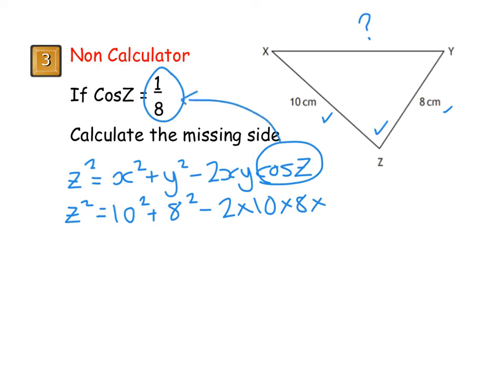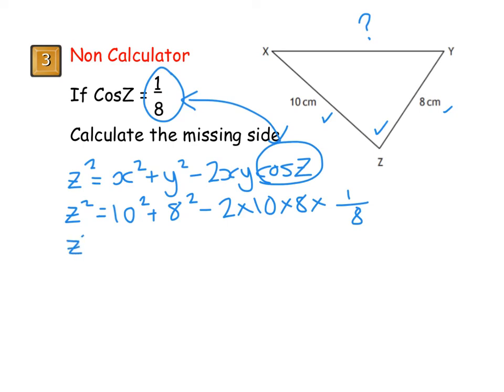So these two things are equal, and here we can just replace the whole cos z bit with 1/8. Do not write cos 1/8. That's not accurate, you can't do that. We don't have a calculator, so there should be no words left in here. If you do put in cos 1/8 and then just follow on your working and ignore it, you'll get marked down for it and you can't get any further marks.